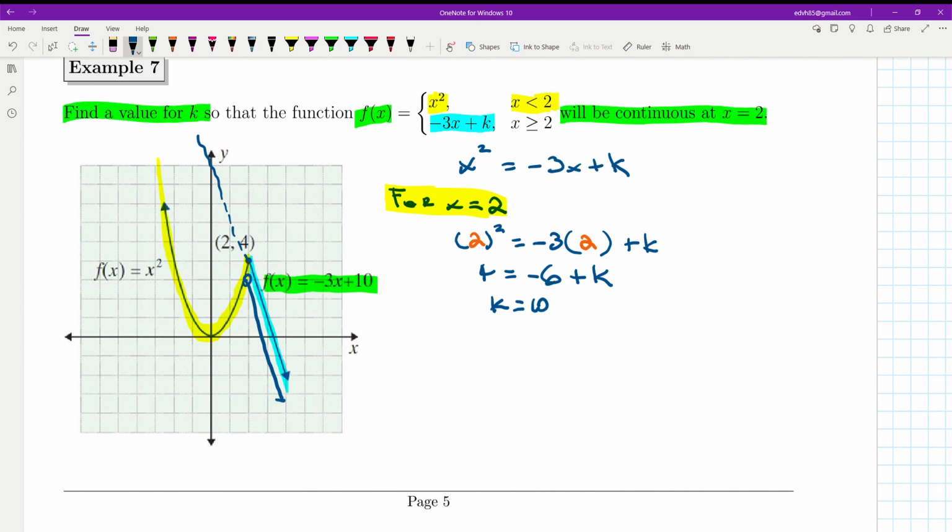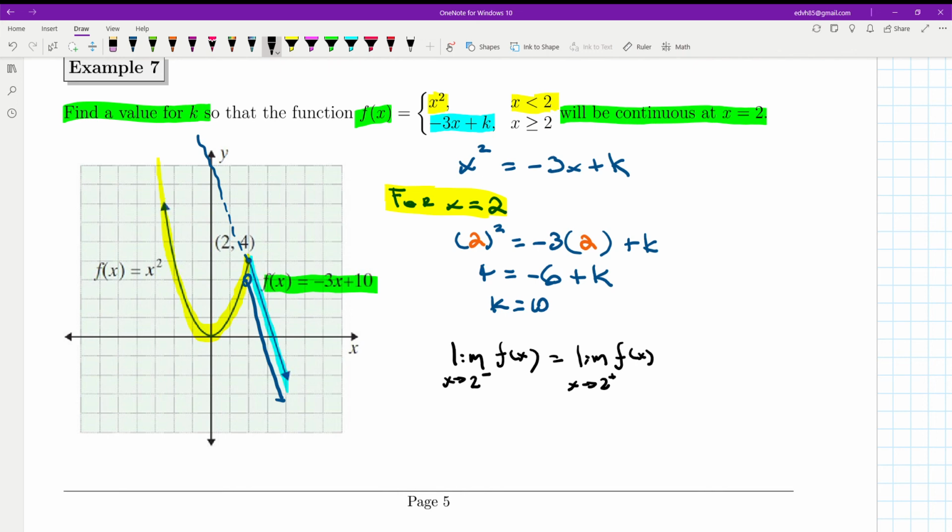There's another point of view to look at this problem, thinking of it in terms of limits: the limit of f of x as x approaches 2 from the left has to be equal to the limit of f of x as x approaches 2 from the right.